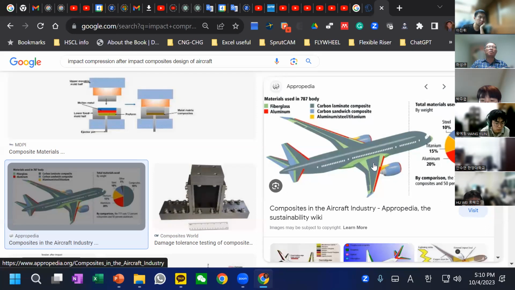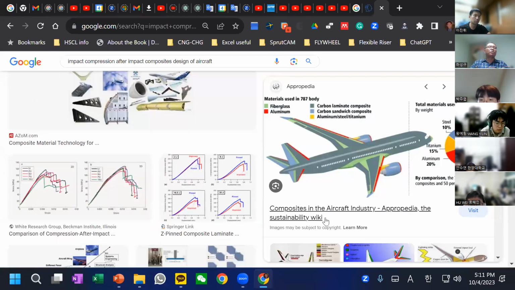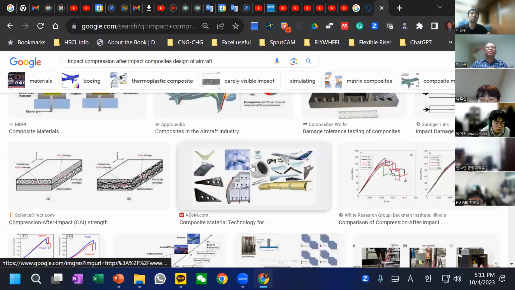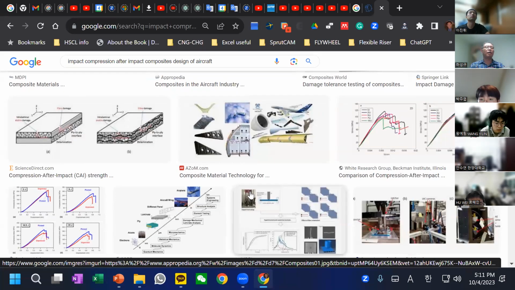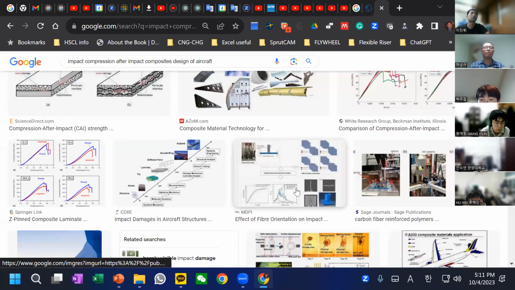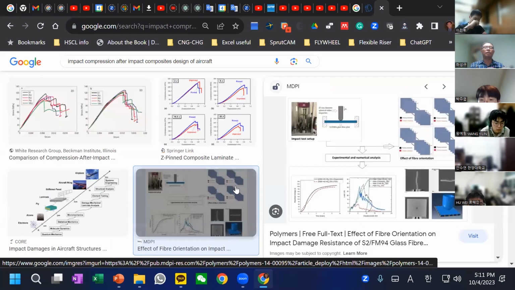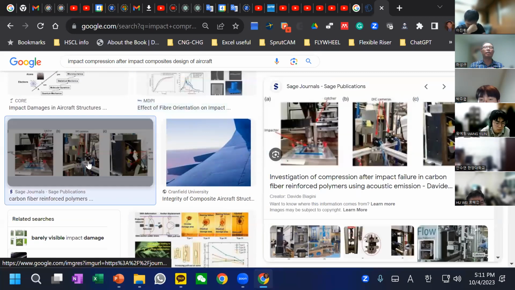Now, how much impact, how much bending, or how much compression can the composite overcome? That's why Boeing, Airbus, Embraer, and also NASA do a lot of study to understand this kind of behavior. A lot of research is still going on.